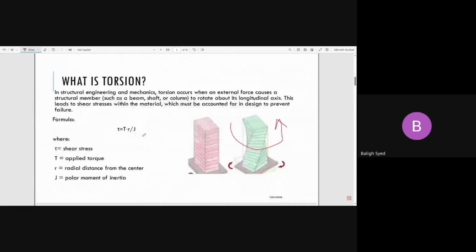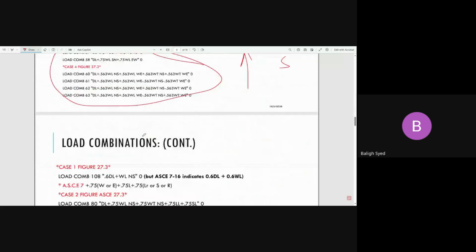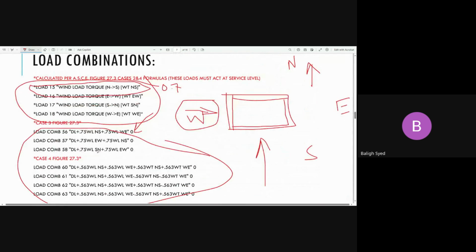Okay, come to here. So if you see here, you will take the dead load, that's called the minimum gravity load, to resist the uplift. What we used to discuss, 0.6D and 0.6D plus 0.6 wind, this is what it actually is. This is coming from here, from AC 716.